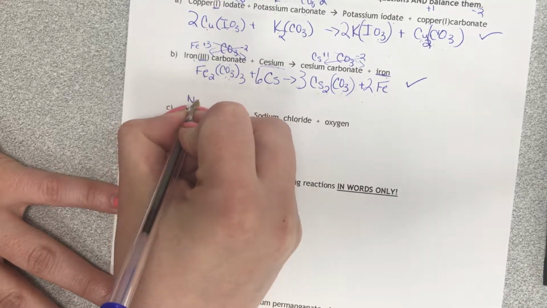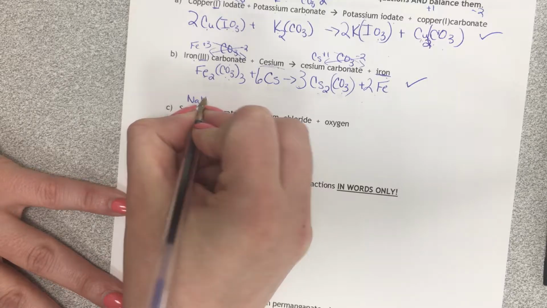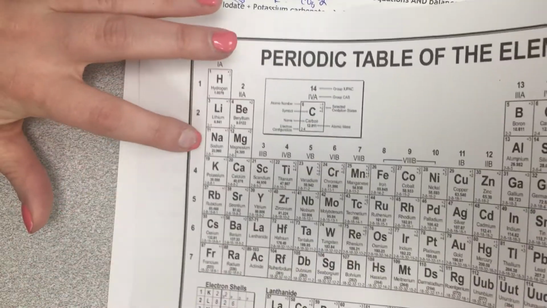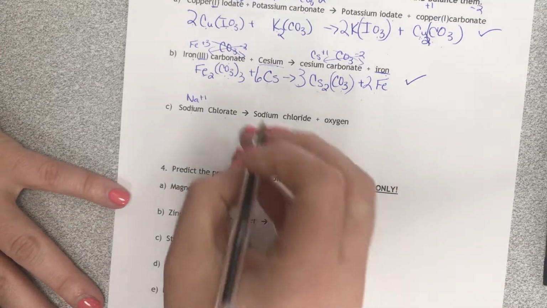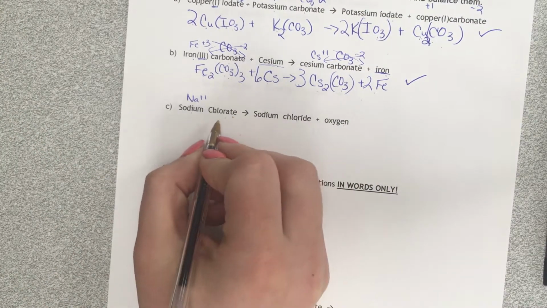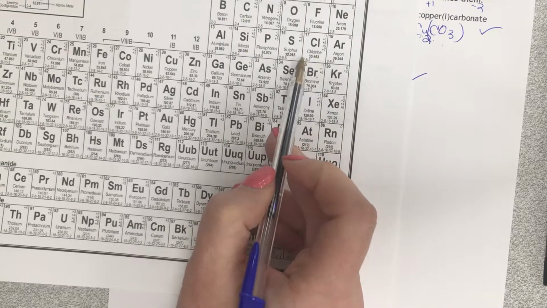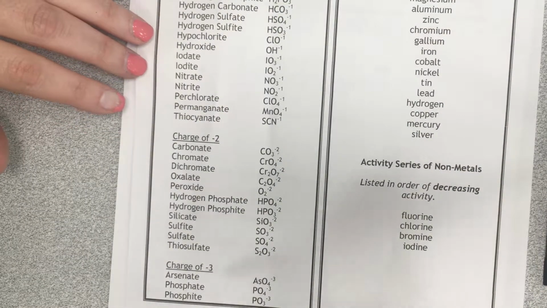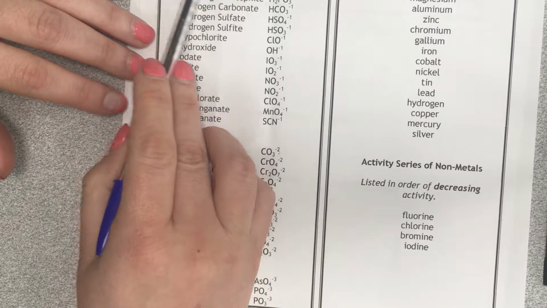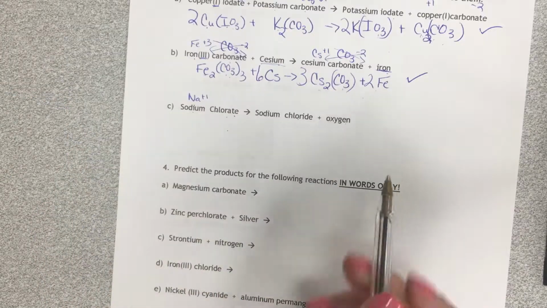So we have sodium, which is Na +1 right here. Please, guys, don't put sulfur as sodium. I see so many of you do that, and I just cringe as I grade it. Chlorate, if it was chloride, we'd be looking at this guy, but it's not, right? It's chlorate. So we are looking at wherever he is, right here, this guy, ClO3 -1, okay?